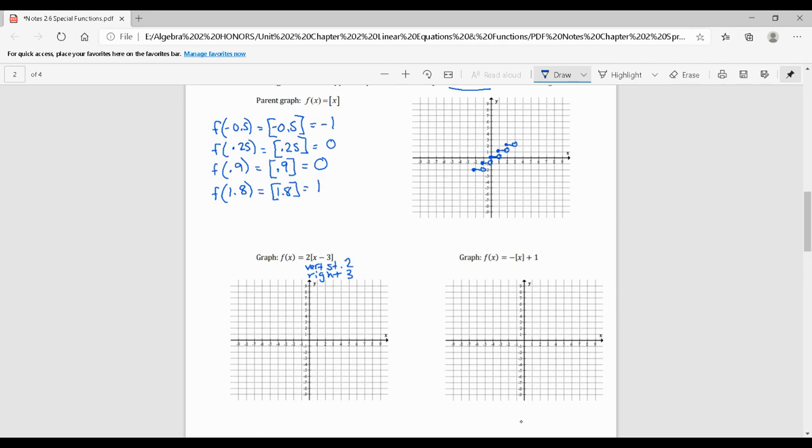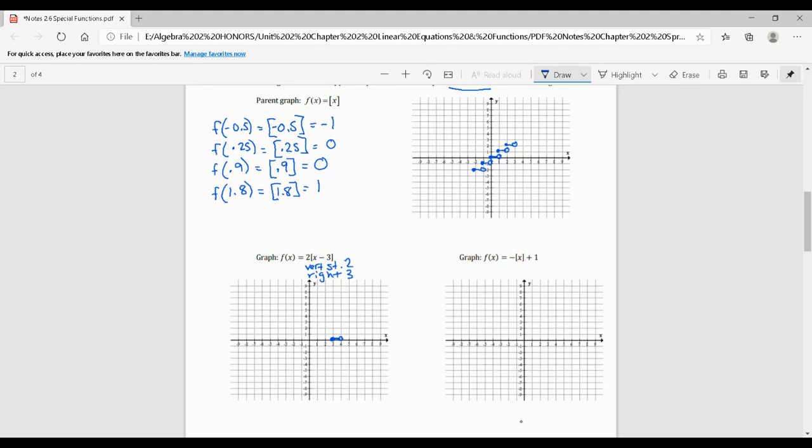So instead of starting at the origin, I'm moving over 1, 2, 3 units. Now I'm not changing anything horizontally, so each step will be 1 unit wide. And I'm not moving up or down. There's no vertical shift, but there is a vertical stretch.